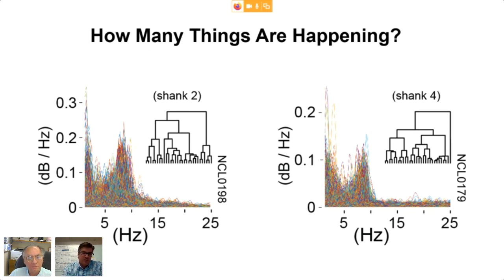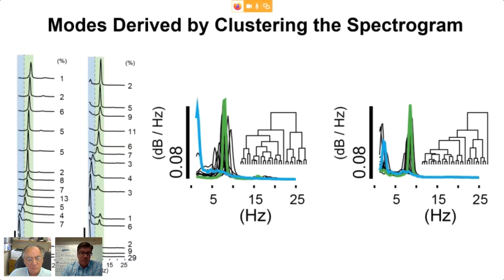If I then cluster those based on the dendrograms that are inset here, I get different modes, is what I would call them, spectral modes, that have different frequency compositions, basically different patterns of behavior. So for those 2 examples I just showed you, on the left here are 16 different putative spectral modes, you might say, and you see that the peaks of power tend to fall either in the delta range or in the theta range.